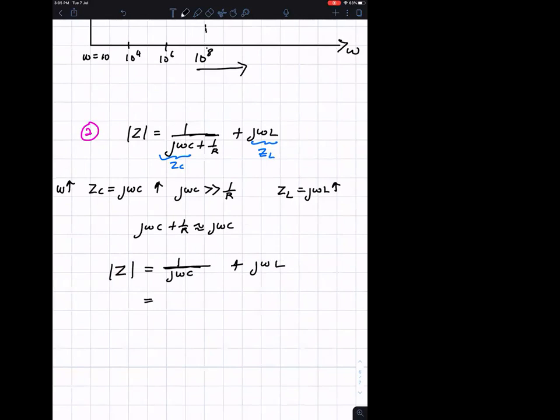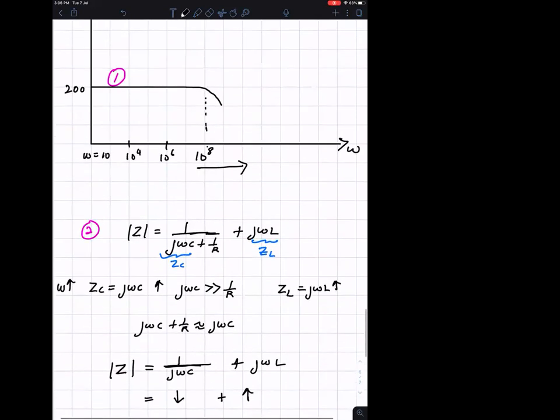So 1 over an increasing impedance is going to bring this impedance down, but this other impedance is going up, right now. So they're going to be fighting each other. Eventually the capacitance will pull it down.